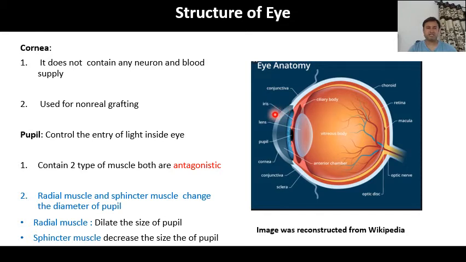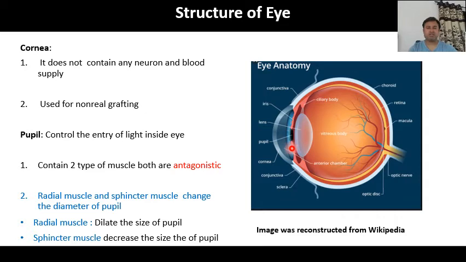We have already discussed the cornea. This is the cornea which is used for the corneal graft, the grafting process. It is called corneal grafting. And this structure is the pupil. The function of the pupil is to control the intensity of the light. In the pupil, two types of muscles are present which are antagonistic.